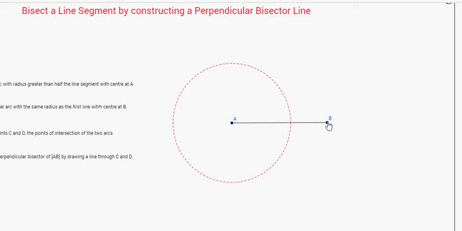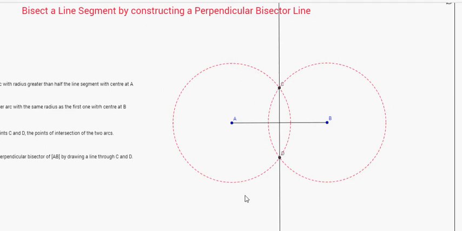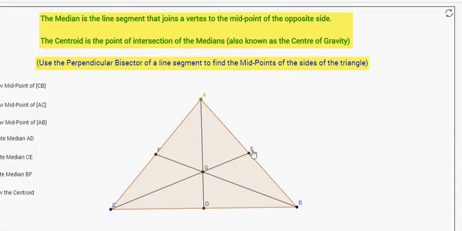Then do exactly the same here. Don't move the compass, and draw another arc from here to here. So what we're going to do is just join these two points of intersection here, and that will give you this point here, which is the midpoint of AB. So that's how we would go about finding these midpoints here.